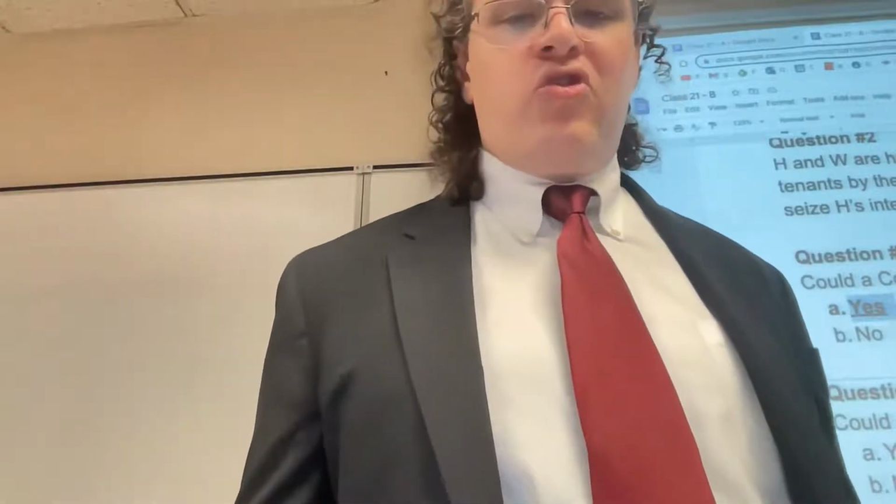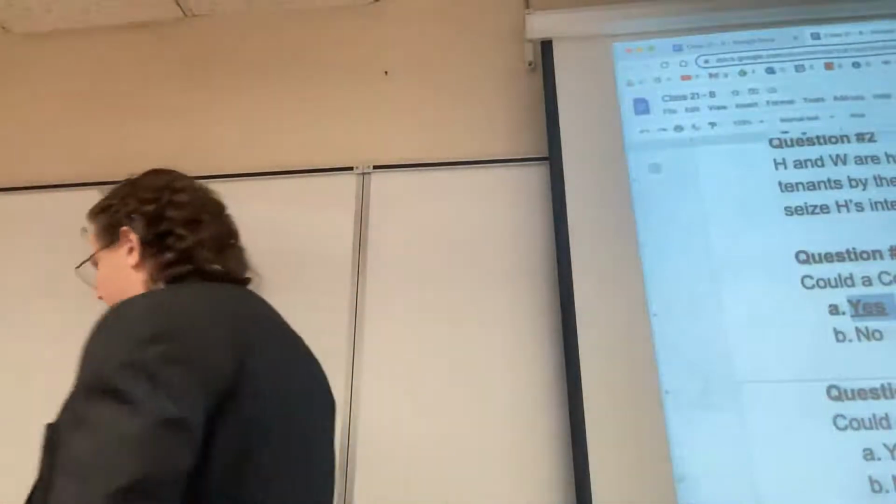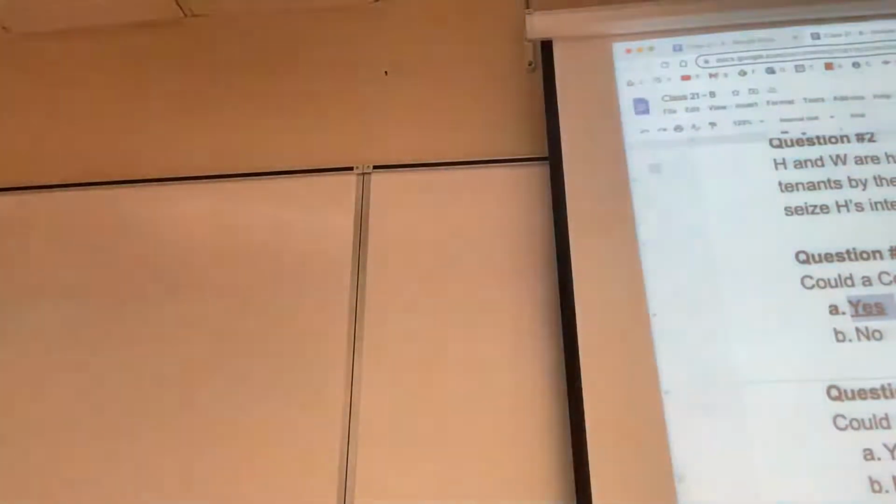Then we get to group number 2. Lisa, what's going on in group number 2? In group number 2, it's kind of like group number 1 where land could be seized to satisfy her husband's separate debts, but it could also be seized to satisfy the wife's separate debts as well.